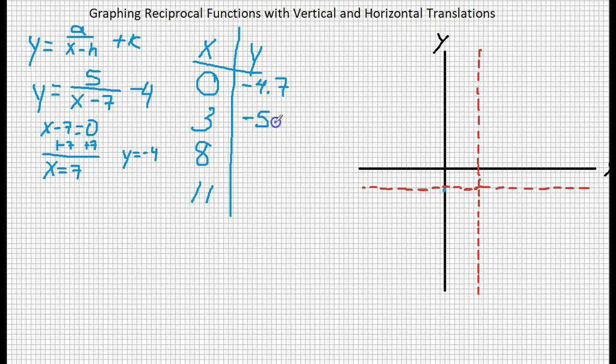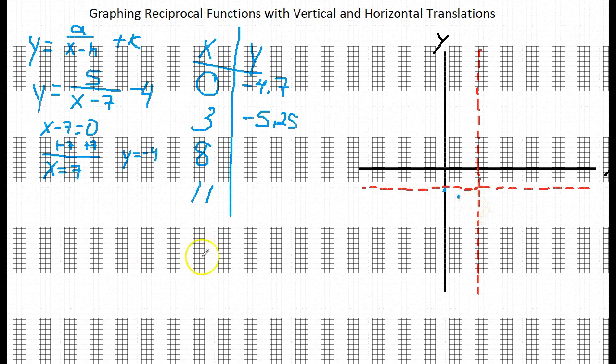We go right 3, so 1, 2, 3. Negative 4 would be up there, this would be negative 5. It hasn't gone down much.